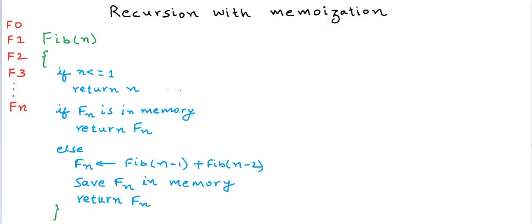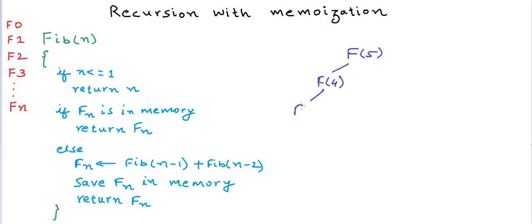Now let us see how this program improves our previous recursion. Say we again want to calculate f5, and this makes a recursive call to f4. This makes a recursive call because we do not have f5 and f4 in memory yet. We have not finished calculating them even once.